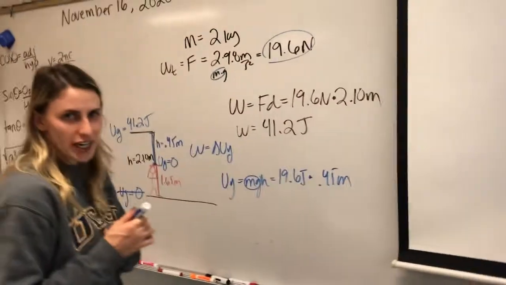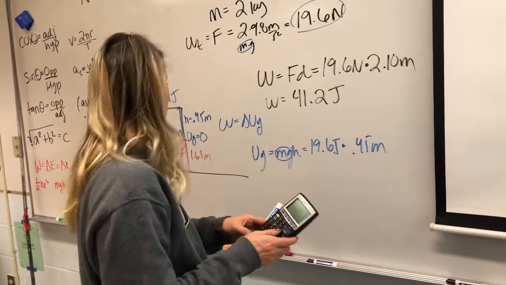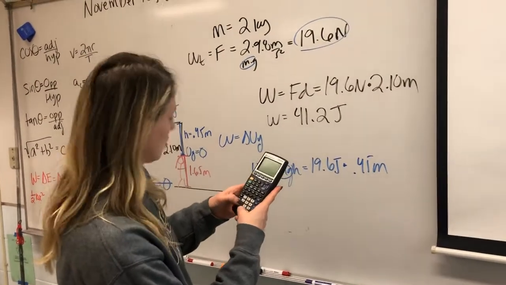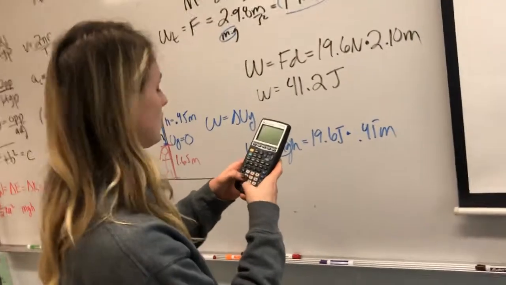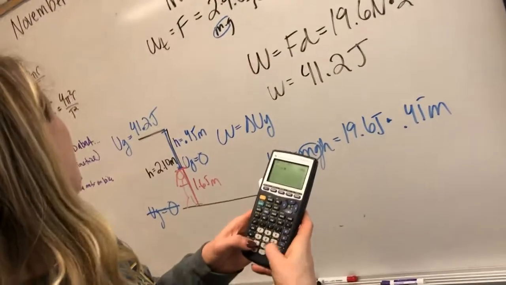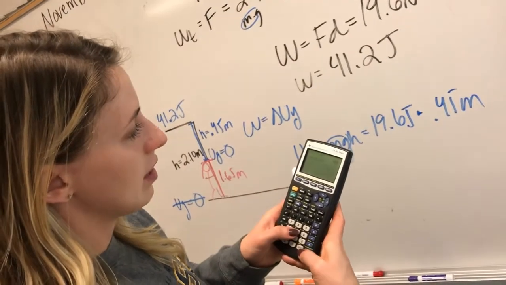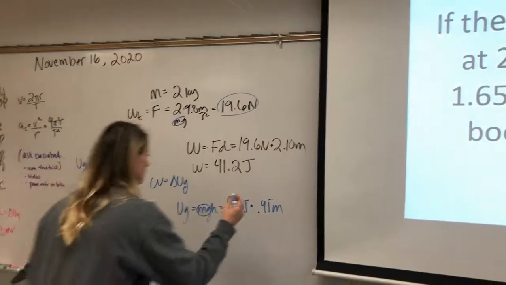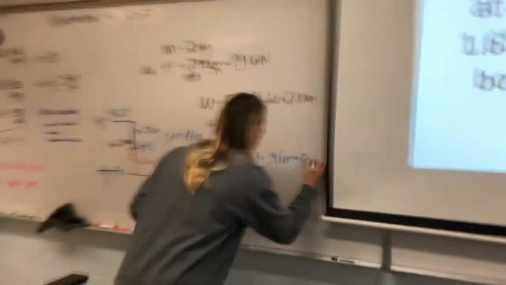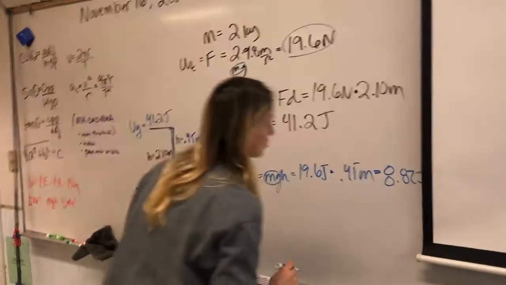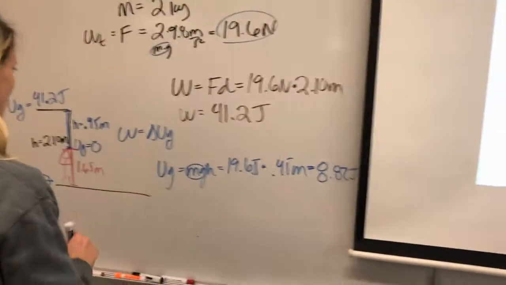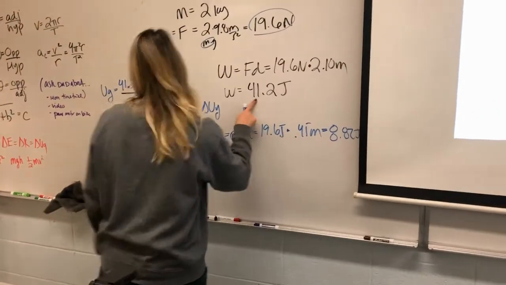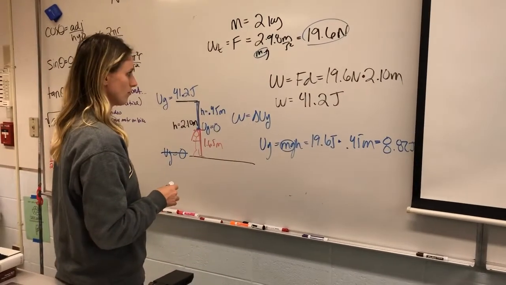So you see how you can change where the gravitational potential energy equals 0? What's the potential for injury should it fall on your head? 19.6 times 0.45, and I get 8.82 joules. Not a lot of work, but it'll leave a mark. That makes sense because this number is smaller than that number, right?